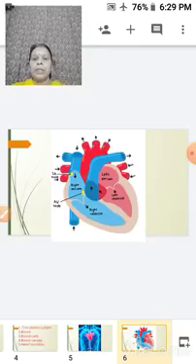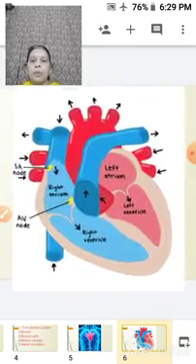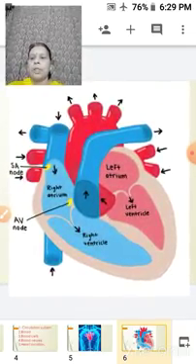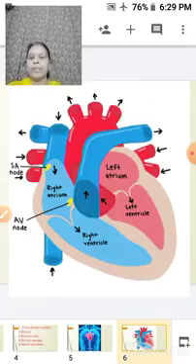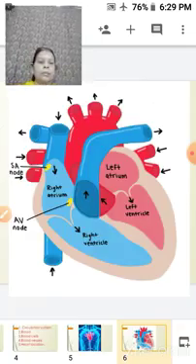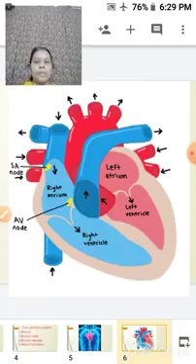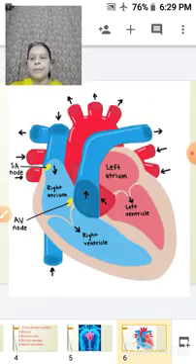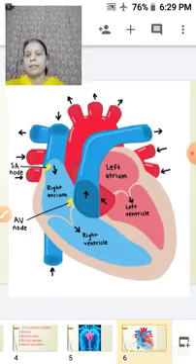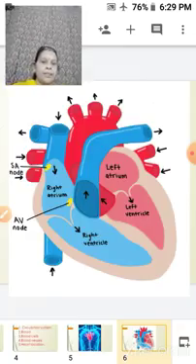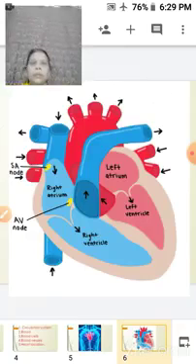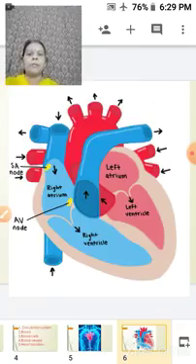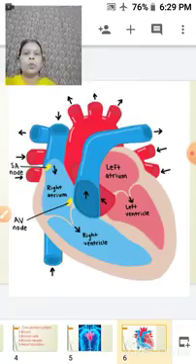The heart is divided into 4 chambers. Here on the screen you can see the 4 chambers, and these are separated by a muscular wall called the septum. The heart is enclosed by a double-walled sac called the pericardium. The upper 2 chambers are called the auricles and the lower 2 are called the ventricles.